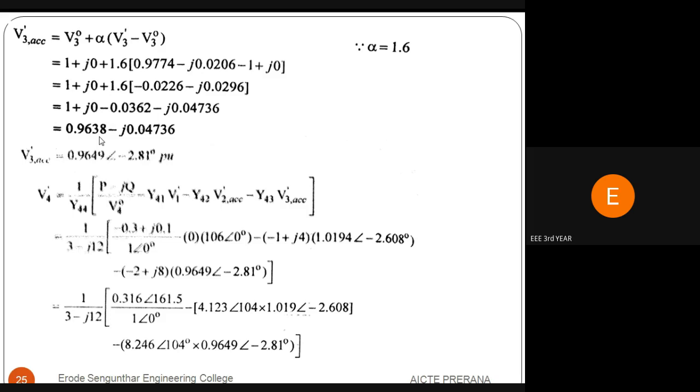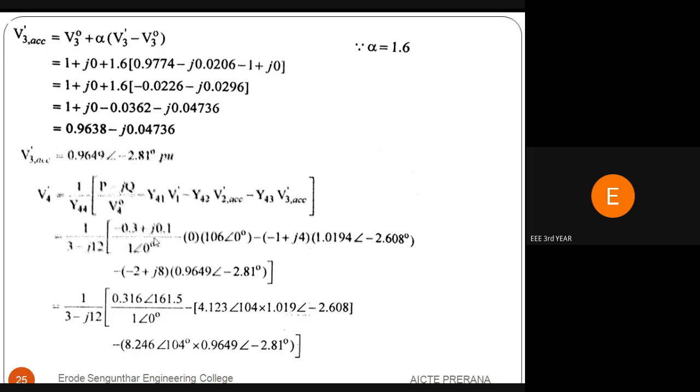After finding this, we have to calculate V4. To calculate the new value of V4, we have to substitute i equal to 4. Then we get V4 dash equal to 1 by Y44 times (P4 minus jQ4 divided by V4 old, minus Y41 V1 old, minus Y42 V2 dash accelerated, minus Y43 V3 dash accelerated).